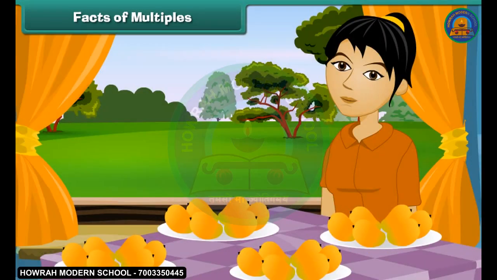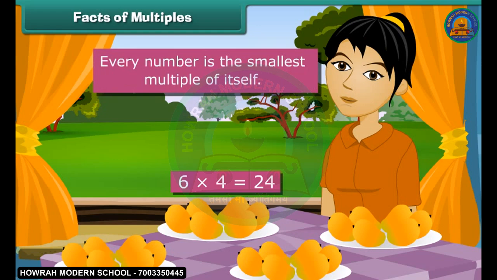Rashmi buys 3 more kgs of 6 mangoes each. She expresses the total number of mangoes as 6 multiplied by 4 is equal to 24. It is clear from these figures that every number is the smallest multiple of itself.